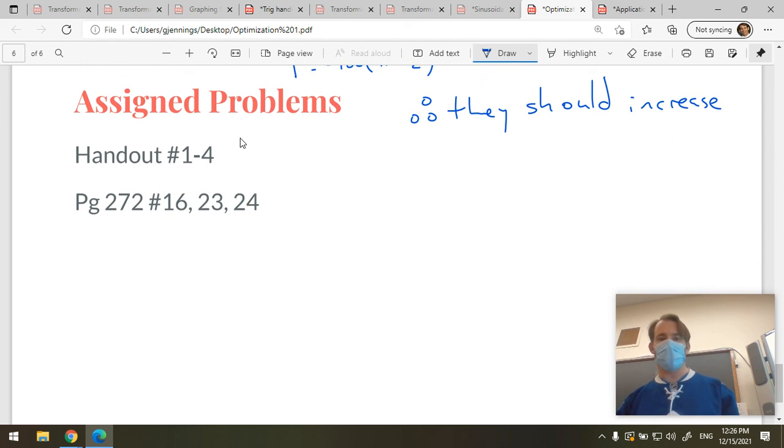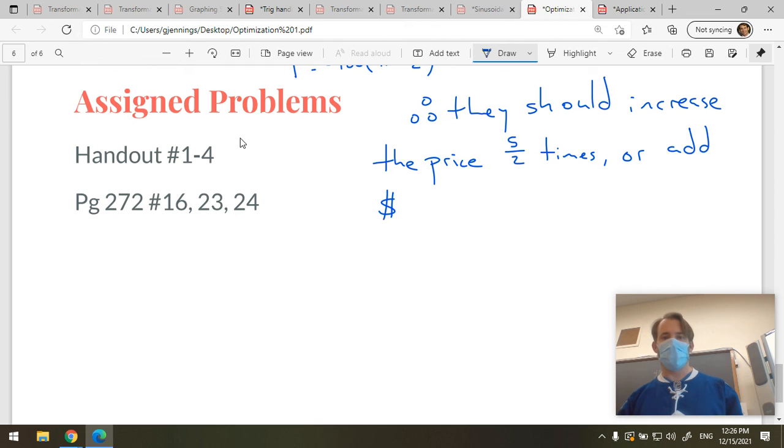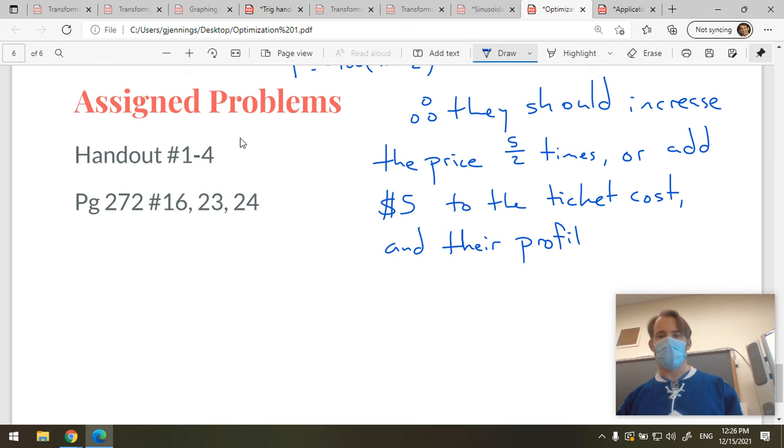They should increase the price 5/2 times, or add $5 to the ticket cost. And their profit will be $5,625.